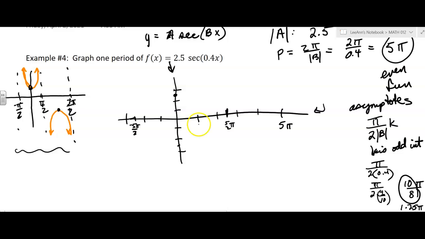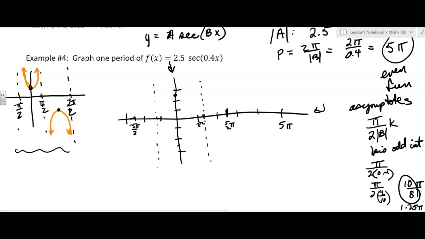Okay, so this was 1 pi, right? So 1.25, okay, that's got to be a quarter of the way. So right there is going to be an asymptote. Okay, and that's one of them. And then we know there's no phase shift here. So there should be one on the other side that's going to match up because it's an even function. So it's going to be like right there.